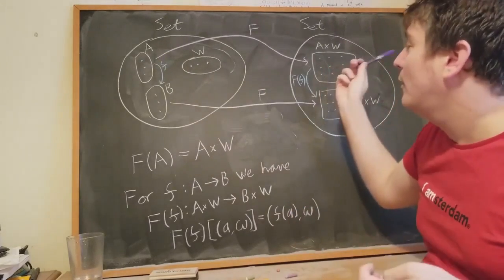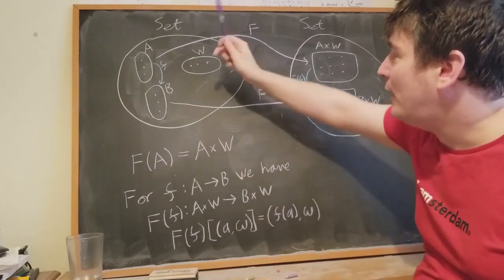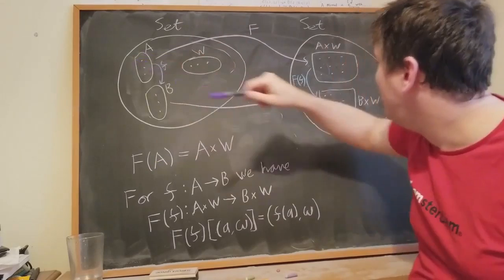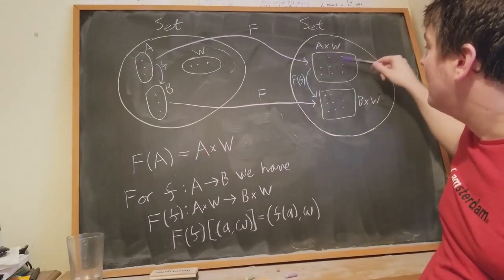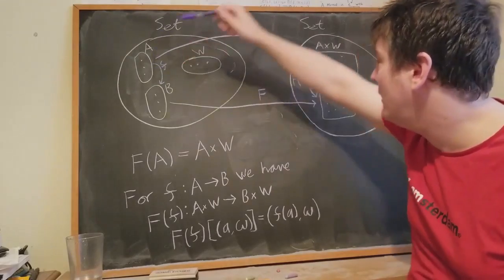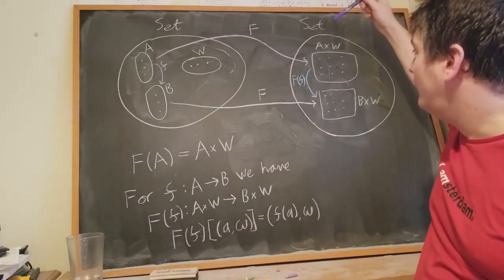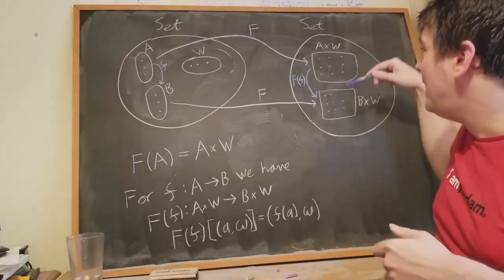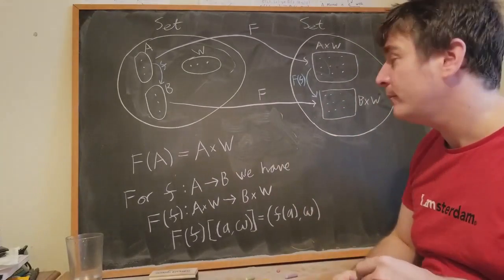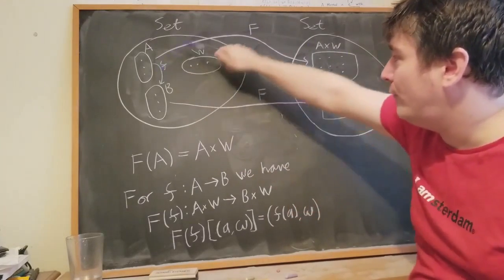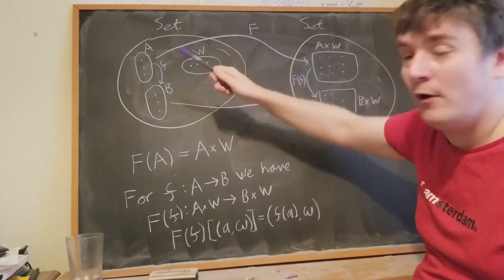It's not telling us how every element in here is getting sent to an element in here. It's just something which takes a set and points it towards this other set here, A times W. And so that's how this functor operates on objects.